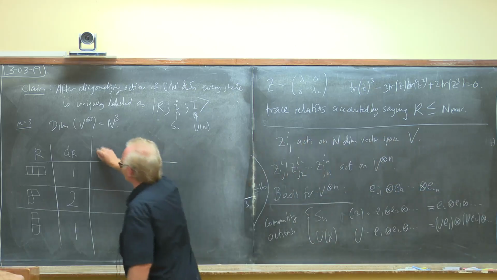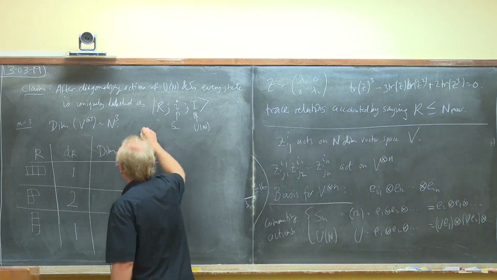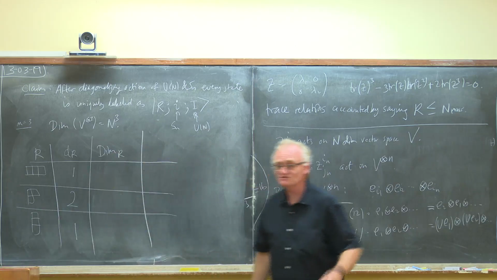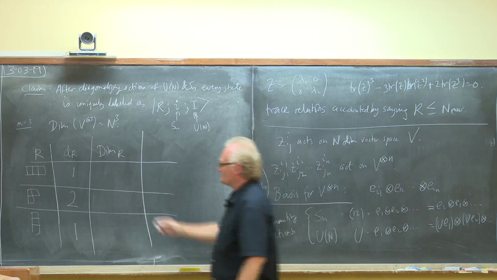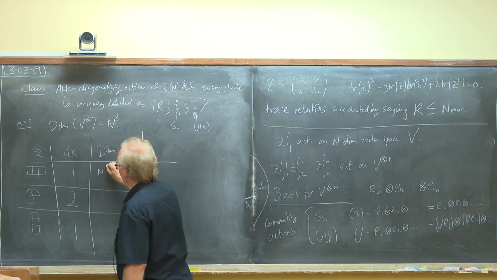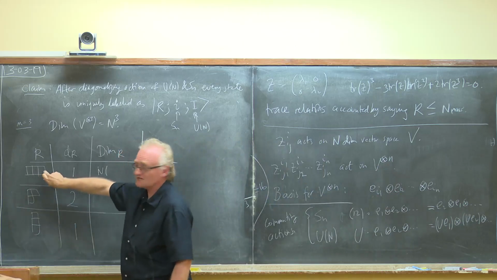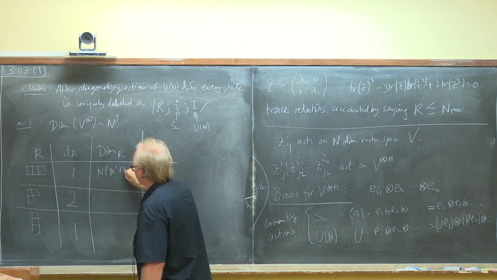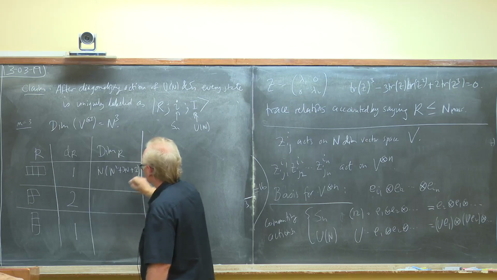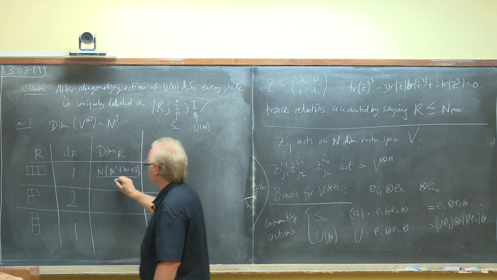Now, let's look at the dimension of the unitary group rep. And this is the same formula where you multiply the factors and divide by the hooks. So what you would get here is n times n plus 1 times n plus 2. I'm going to write this as n squared plus 3n plus 2, and I need to divide by the hooks, which is 6.